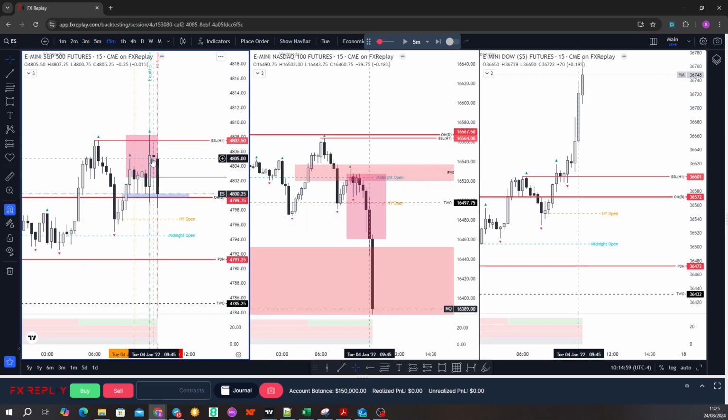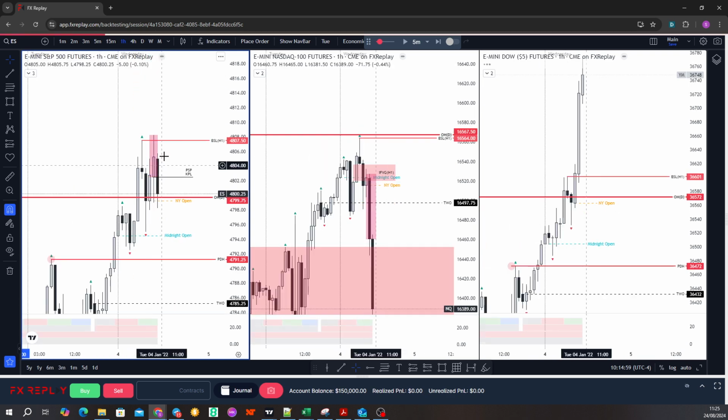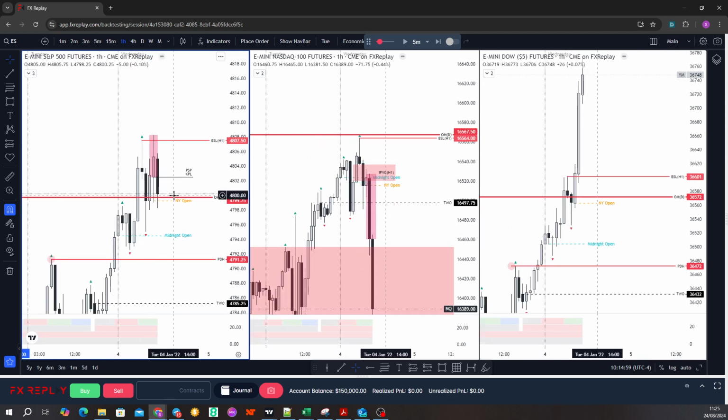Got the position swing point. That's the wrong one. There you go. Position swing point.